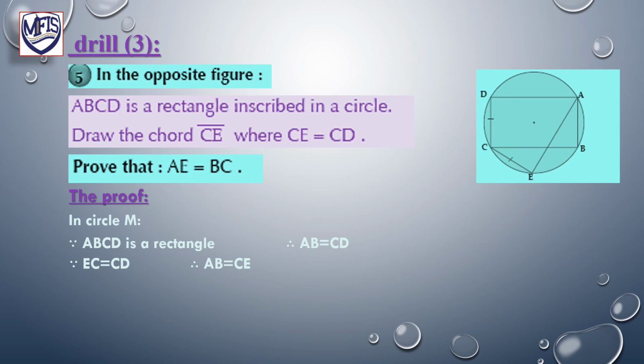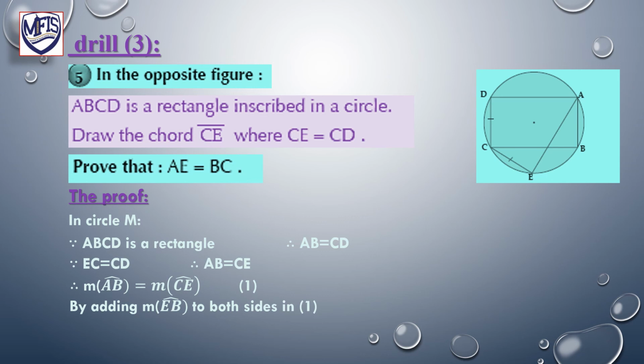That means the measure of arc AB equals the measure of arc CE. By adding the measure of arc BE, the middle arc between the two arcs AB and CE, to both sides in equation 1, the measure of arc ABE equals the measure of arc CEB. So the length of chord AE equals the length of chord BC.